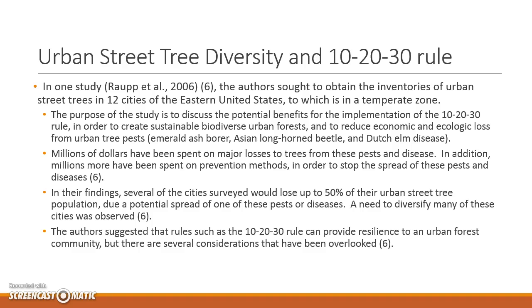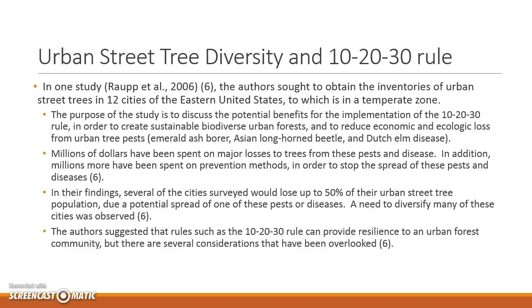In the study, they provide monetary evidence showing that millions of dollars have been lost to trees that have been lost from pests and disease. In addition, millions more have been spent on prevention methods to stop the spread of these pests and diseases.